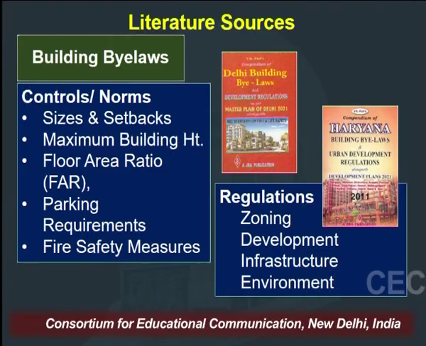Norms such as sizes, what size of plot is enough for what type of building, the size of the plot decides the size of the setbacks, how much setback has to be left, maximum building height, floor area ratio, parking requirements and fire safety measures. So, these regulations are given by zoning, development of the infrastructure and overall environmental requirements.